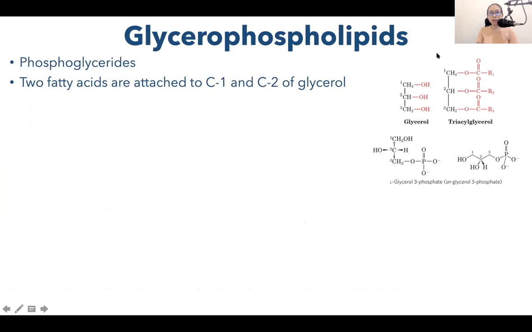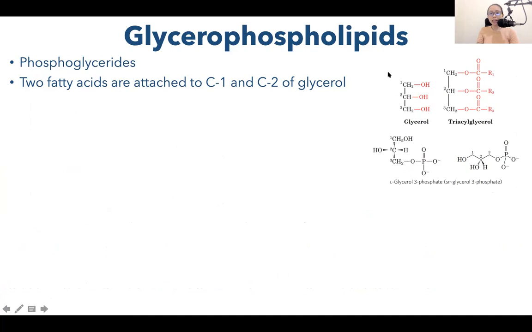So your glycerophospholipids, or simply called phosphoglycerides or phospholipids. The main structure is, again, you have your glycerol molecule. So, balikan natin si glycerol from your triacylglycerol. So, this is your glycerol.